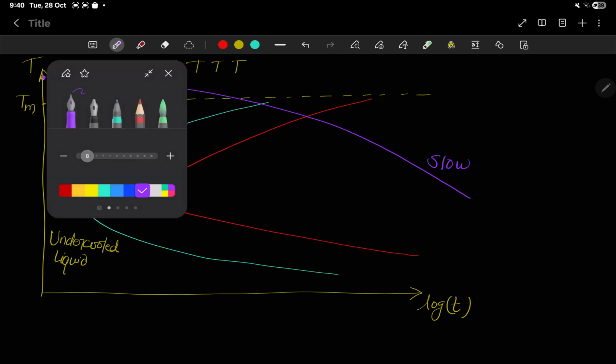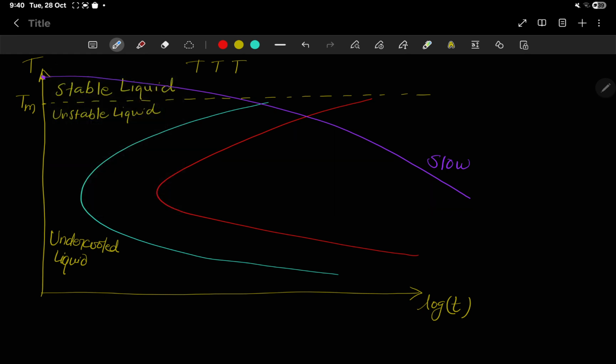Okay, now let's take another curve. So here let's try to draw this curve. We will get one curve like this. This is fast cooling.